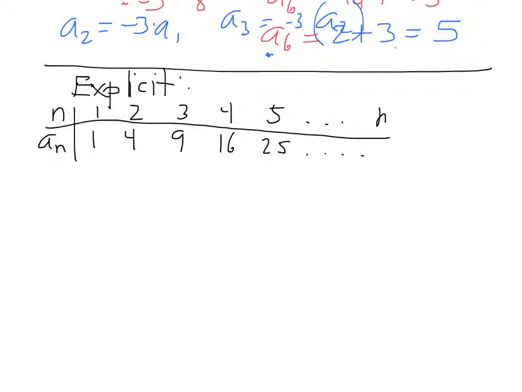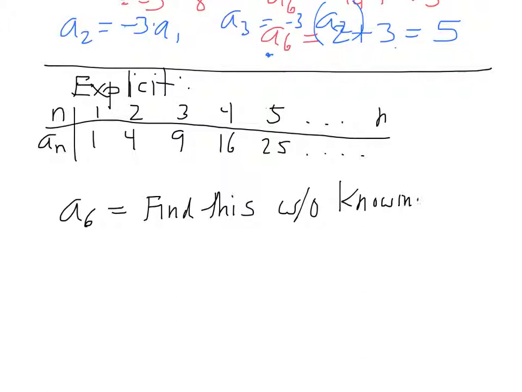Now, since this is an explicit sequence, what it means is I can define what the sixth term is going to be without needing to know what the fifth term was. So a sub 6, we can find this without knowing the previous ones.